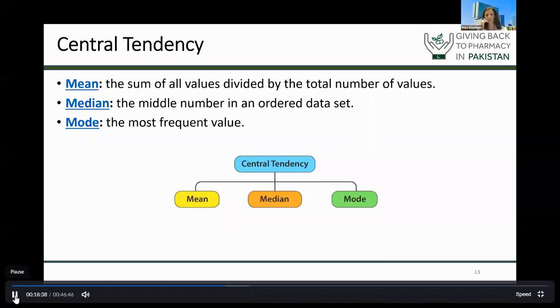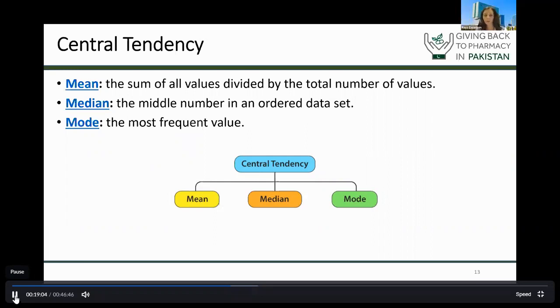The difference here that you need to know is that the mean is affected by the outliers. For example, if everyone's age falls between, say, 1 year to 50 years, and your mean is 25, but then you have one person whose age is way higher, like 60 years, for example, that person's age would affect your mean.